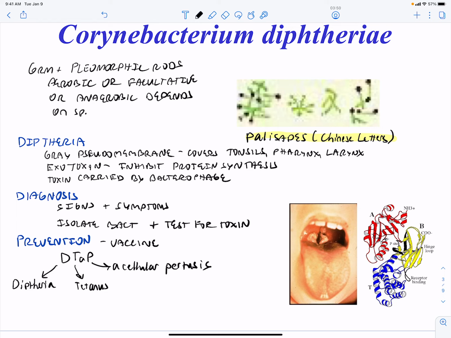Now there's going to be boosters about every 10 to 12 years, and this is mostly to boost the tetanus portion of this. The antibodies against diphtheria toxin are very effective for preventing diphtheria.